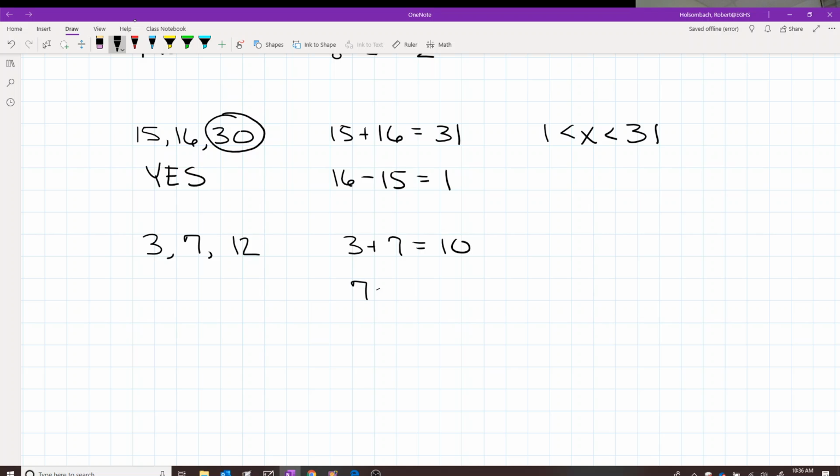Then take your 7 minus your 3, and that equals 4. The third side of this triangle must be greater than 4 and less than 10. Does 12 meet that criteria? It does not. Alright, so no. Those lengths would not form a triangle.